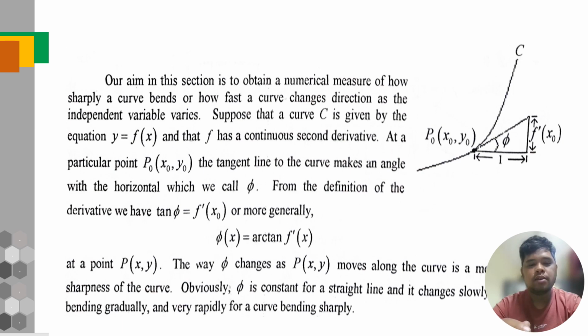So that means you can graph the function without lifting your pen, and has a second derivative. Okay, so at a particular point, p sub 0, the tangent line to the curve makes an angle with the horizontal line, which we call the angle phi, no?